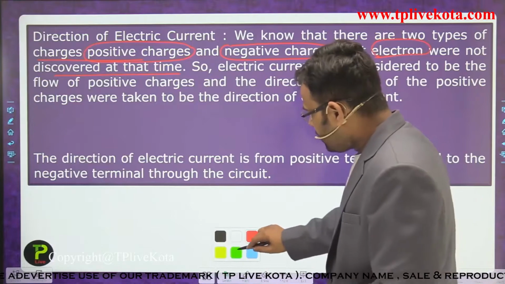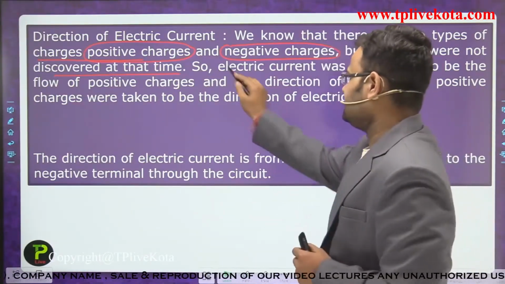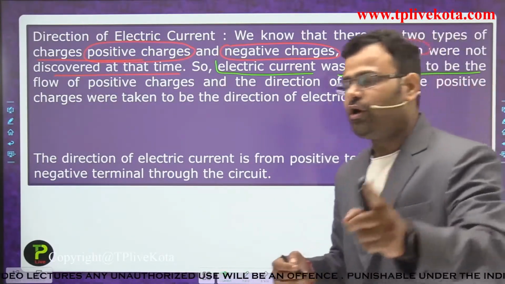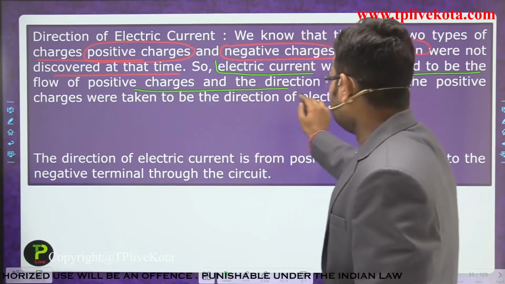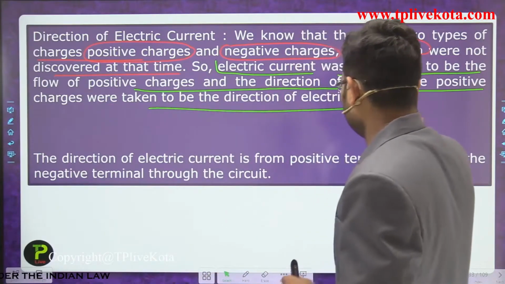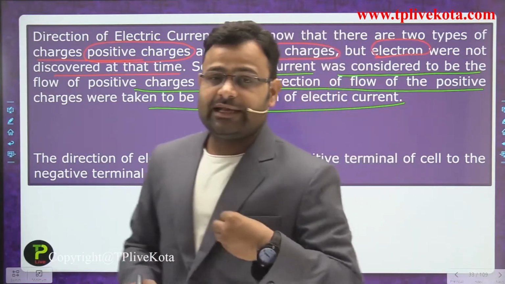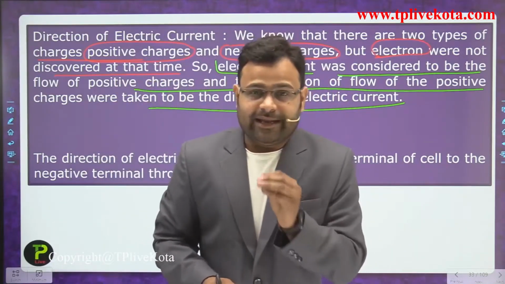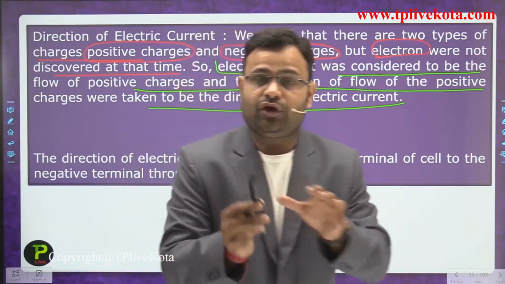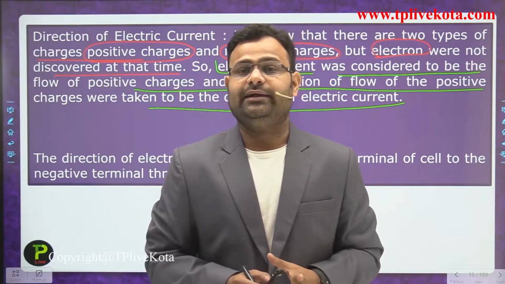Okay. So how can we decide the direction of the electrical current? In that condition, the electrical current was considered to be the flow of positive charge, and the direction of flow of positive charge was taken to be the direction of the electrical current. Which means that at that time we assumed that the direction of flow of positive charge carriers is the direction of the electrical current.